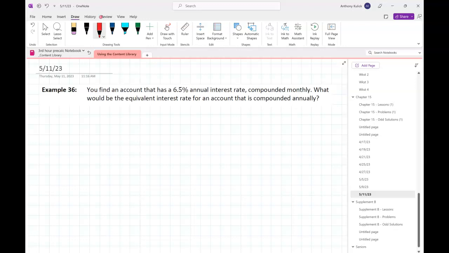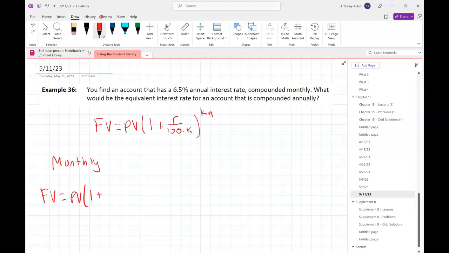So we know we're going to be doing a compound interest situation, so we're going to be using this formula. So our monthly, if I fill in what I know, it would be that.